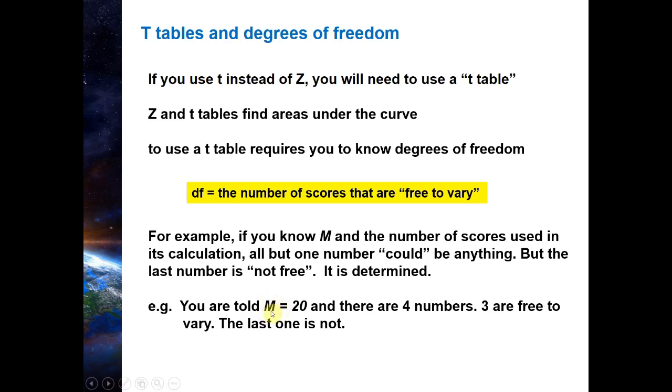And we're told that there are 4 numbers. 3 of those numbers are free to vary. They can be anything they want. But once we know these 3, the last one is determined. Normally at this point, I would turn to everybody sitting in front of me, point to somebody, get a volunteer, and say, give me a number.